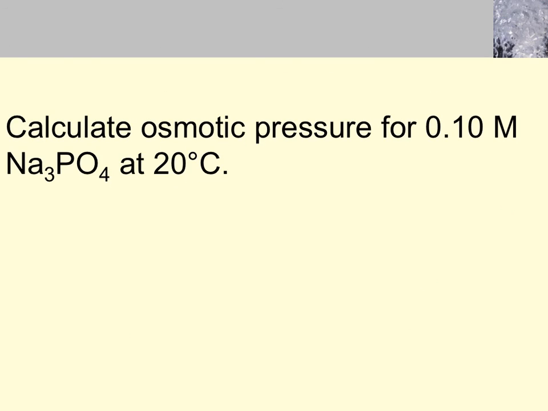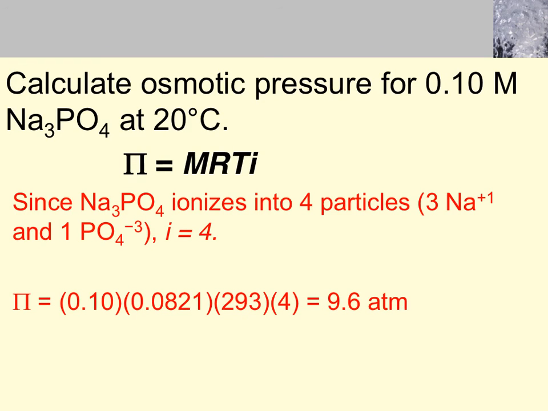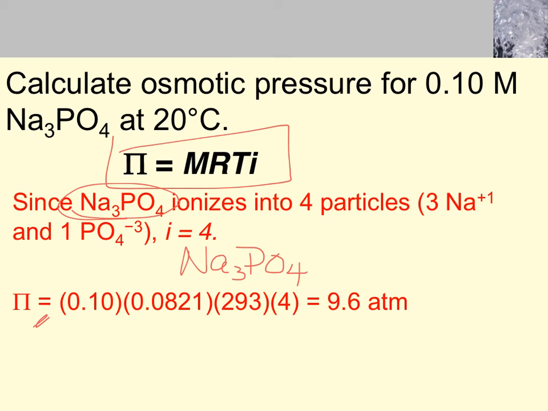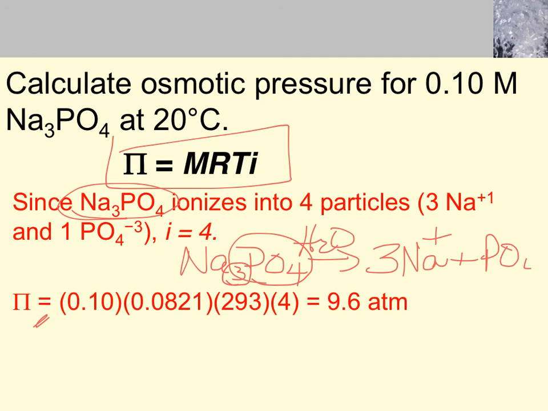Next to last slide, here's a relatively easy one for osmotic pressure. Go ahead and try to work that out yourself. It should be pretty straightforward. That's just a matter of plugging in your values, calculating osmotic pressure, and being able to determine what the I is. Sodium phosphate, you need to be able to draw these dissociation of ionic compounds in water, so you end up with subscripts become coefficients. You have 3 sodium ions that are formed from that and 1 PO4 ion.